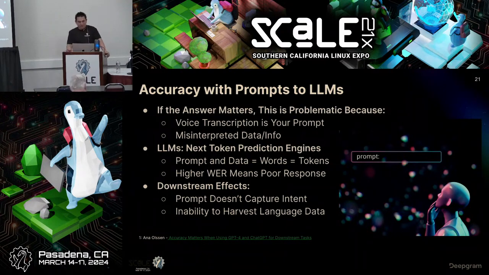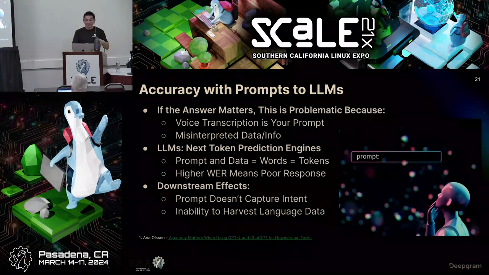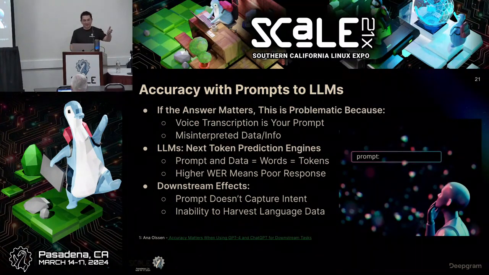If you think about what an LLM is, the oversimplification is that LLMs are like next token prediction engines, right? They're using what you're saying in the prompt to match up with the result it wants to provide you, like the answer.